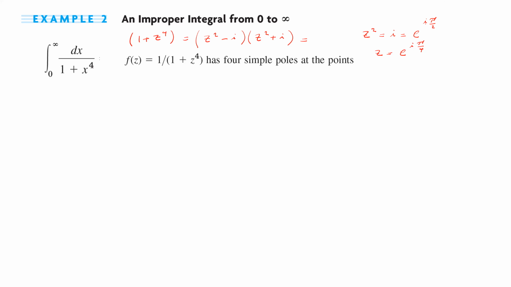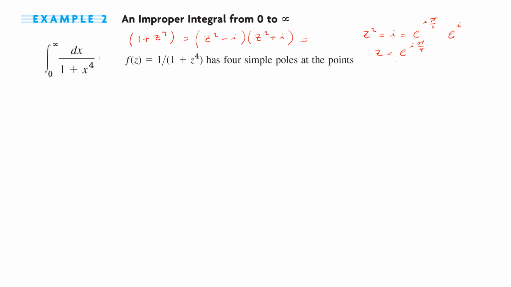There are two solutions to z squared equal to i: e to the i pi over 2 and e to the i pi over 2 plus pi, so 3 pi over 2. No, 5 pi over 2. Because you can do... No, I mean that can be e to the i pi over 4 and minus e to the i pi over 4. Oh, yeah.